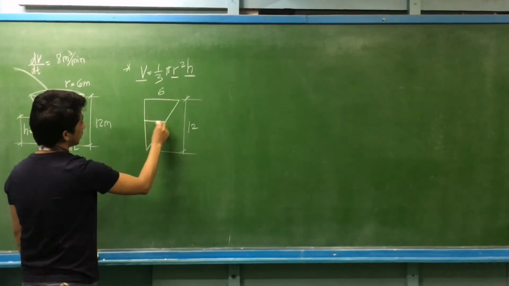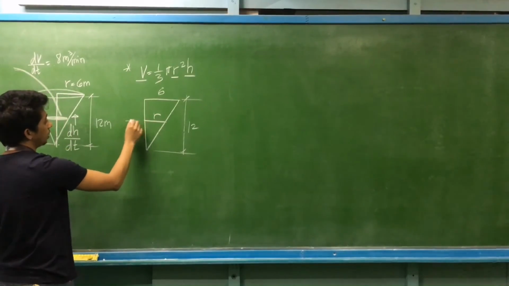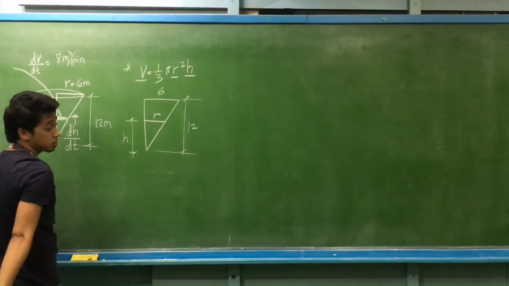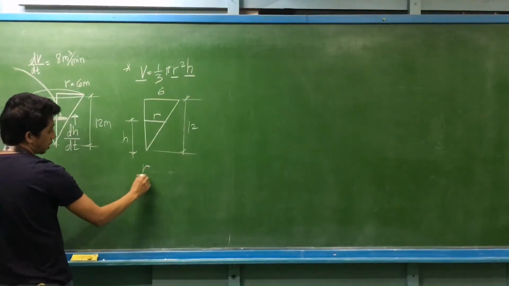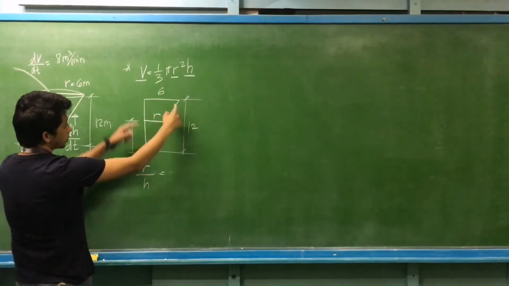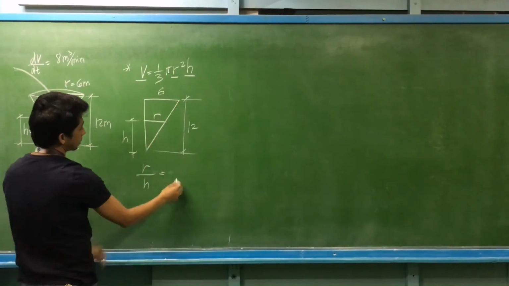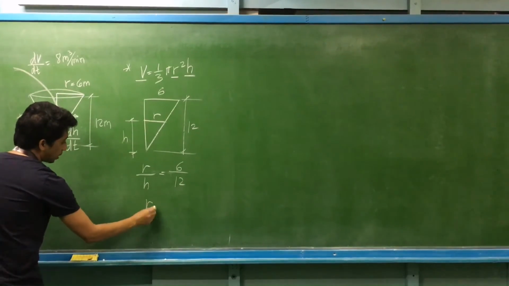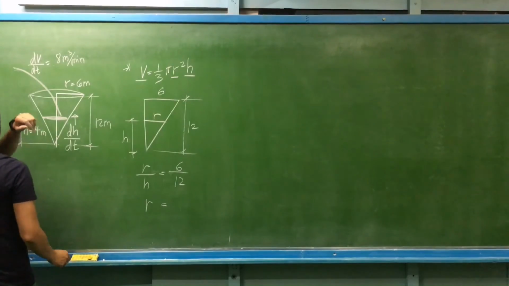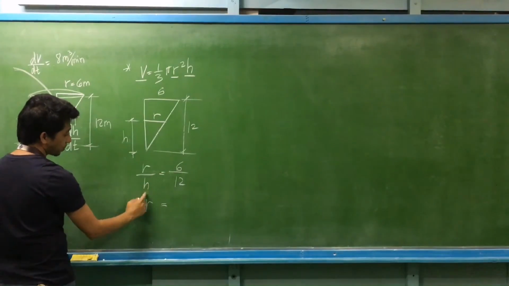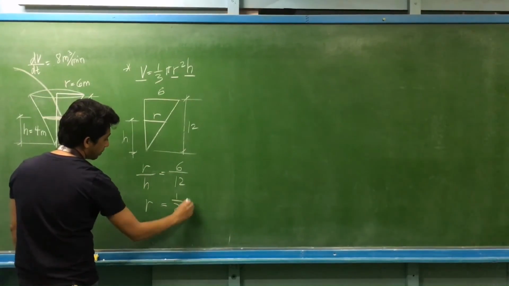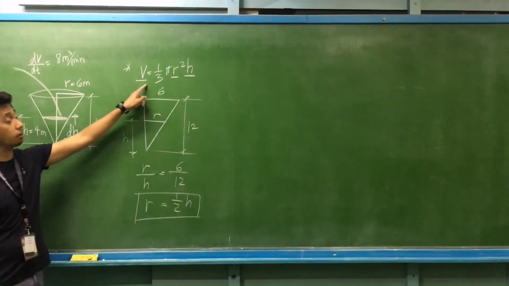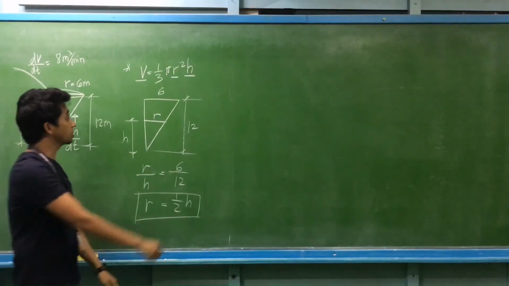Let's say at a certain value of R and a certain value of H, since they are both variables, by variation proportion, R is to H is the same as 6 is to 12. So we are expressing the radius in terms of the height, that is by 1/2 of H. So we need to substitute this value in this equation, then perform differentiation.